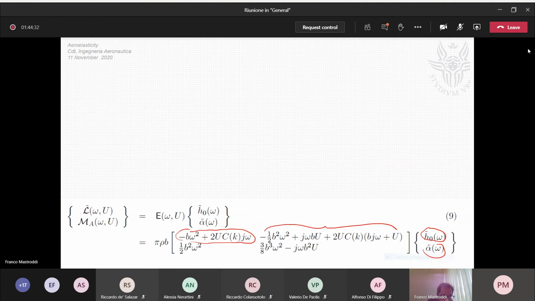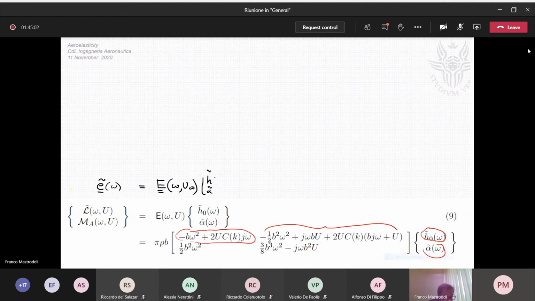And this formula is exactly the formula giving you generalized force in Fourier domain equal to a generalized matrix depending on omega and U infinite, applied to your state space vector, which is at the moment given by h tilde and alpha tilde.